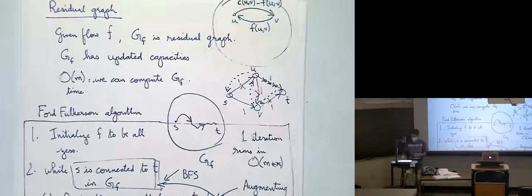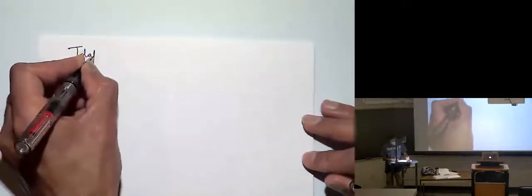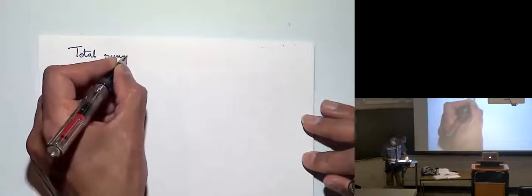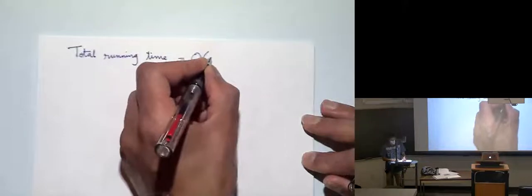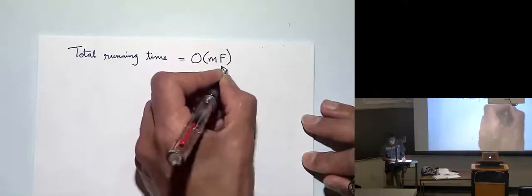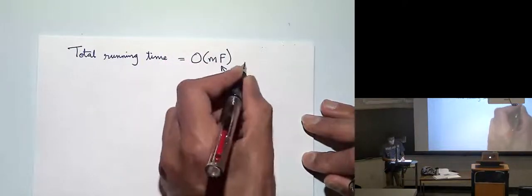So the total running time is often written as O of mf, where f is the final flow value.